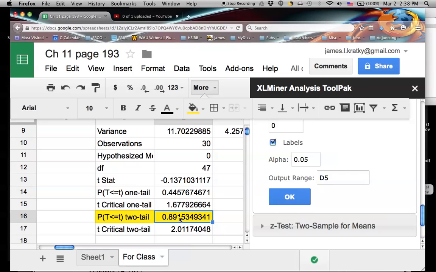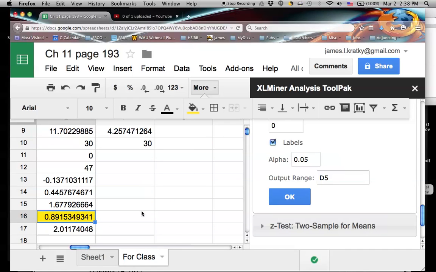Well, this is much larger than 0.05. What that means is that we fail to reject our null hypothesis.